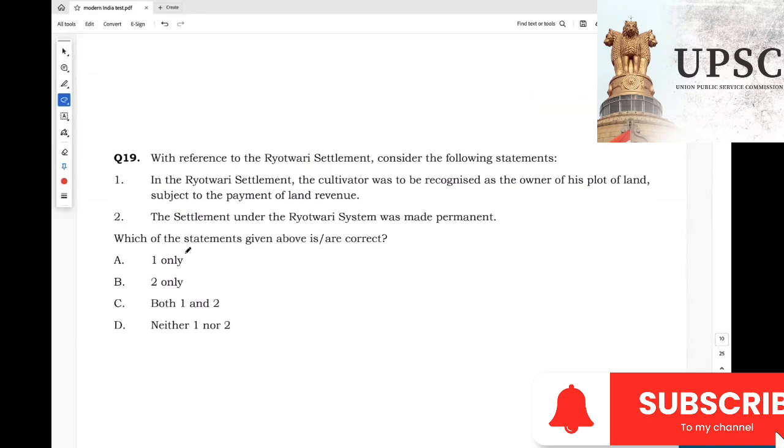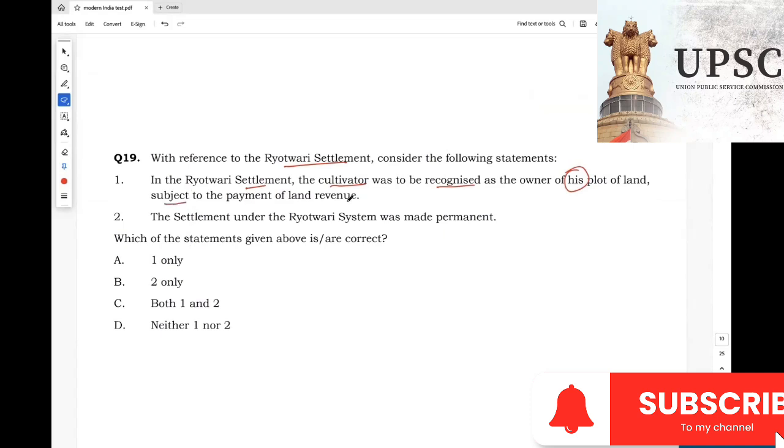Next one. With reference to the Raiyatwadi system, consider the following. So Raiyatwadi was introduced in the Deccan region. We all know that. Zamindari, eastern part, Raiyatwadi, Deccan region, and Mahalwadi, North India. In Raiyatwadi system, the cultivator was to be recognized as the owner of his plot of land, subject to the payment of land revenue, right?